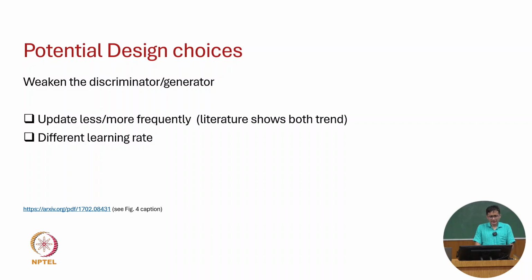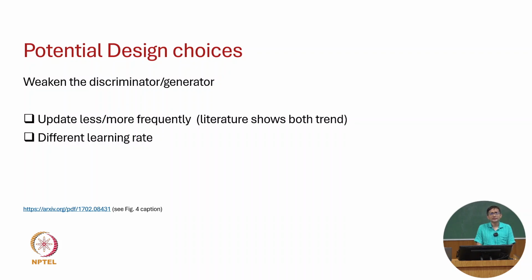So this particular case, of course, was just one aspect. There can be several other aspects, which means there is no proper game or play between the discriminator and the generator. And considering such aspects, it's often seen that the discriminator or the generator is intentionally weakened, which means one of them is updated more or less frequently, or a different learning rate is applied for the discriminator and the generator.